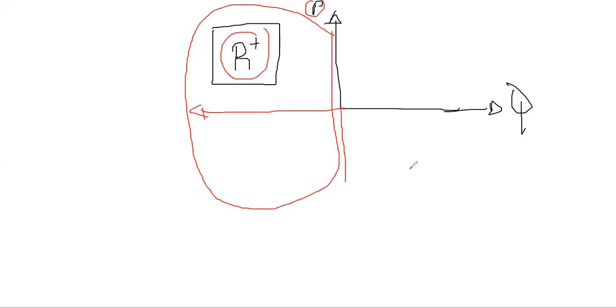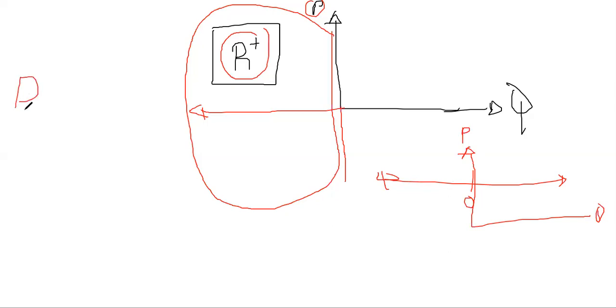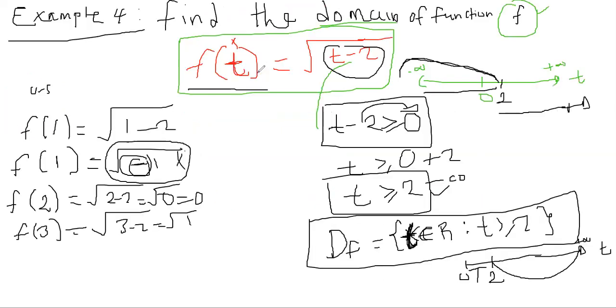So if you look at a number line like this, for most of the economic or business applications, we only focus on this area. So we have P and we have Q. Most of the domains in economics, businesses or other social sciences are normally positive real numbers. But a question will tell you this. When it comes to mathematics, there is not much restriction.